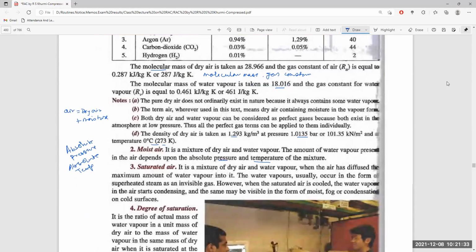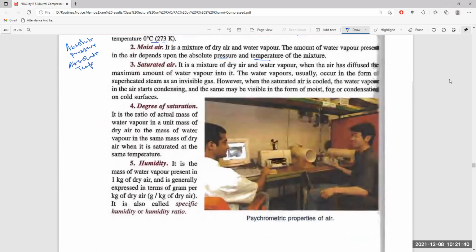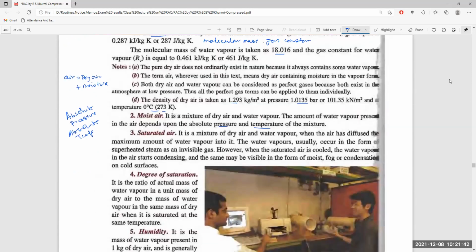Saturated air is a mixture of dry air and water vapor. When the air has absorbed the maximum amount of water vapor, it is saturated. The water vapor usually occurs in the form of superheated steam, as an invisible gas.